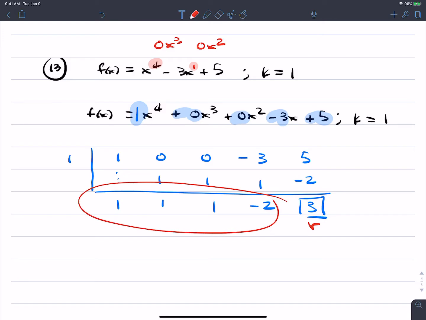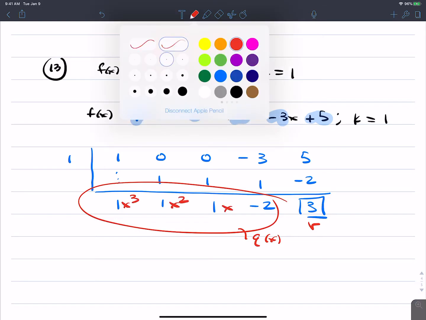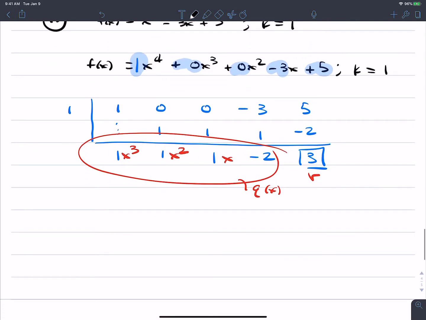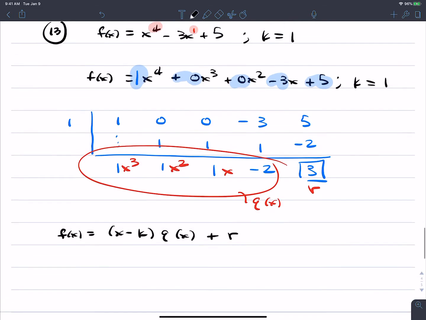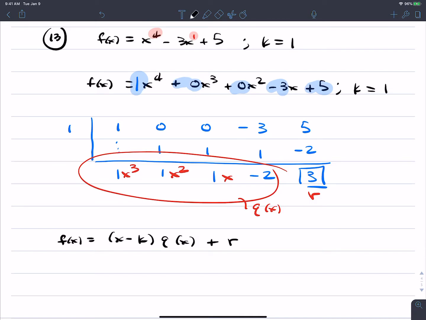We're going to make use of the coefficients again. Here's our q of x. So if our original polynomial function has the degree of 4, 1 less makes this x cubed, x squared, and x. They want us to write our answer as f of x equals x minus k times the quotient function plus our remainder. So let's go back and remember what k actually is again. K is the value 1. That goes right here.